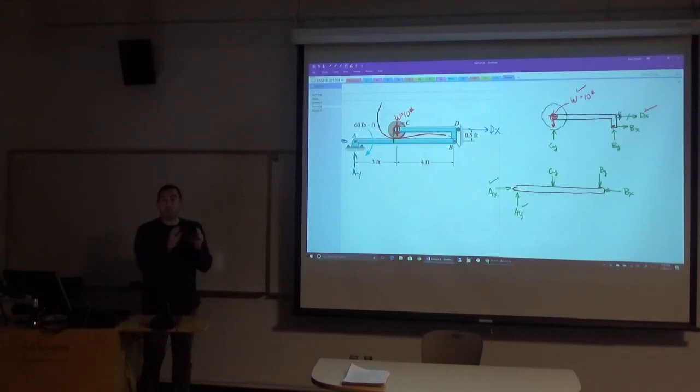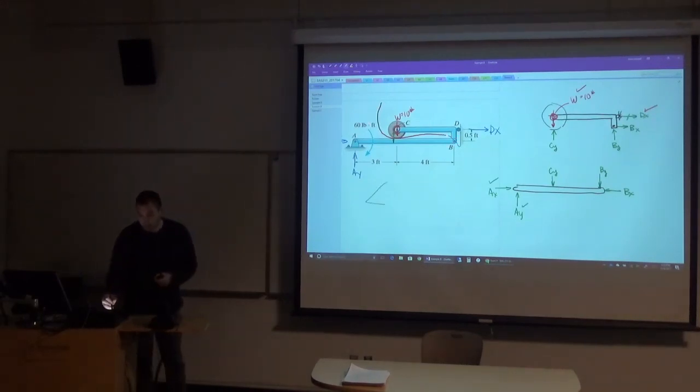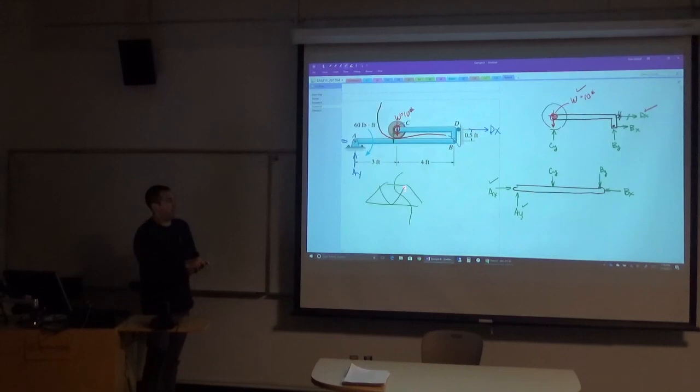The material that we went over this week with section cuts to figure out the internal resultants is going to be on the final, not on exam 2. So the only kind of section cuts that you need to make for this exam would be a section cut through a pin, or if I had a truss, a section cut through one of those. But every time you cut through a truss, you just know the direction of the force is in line with that truss member itself.